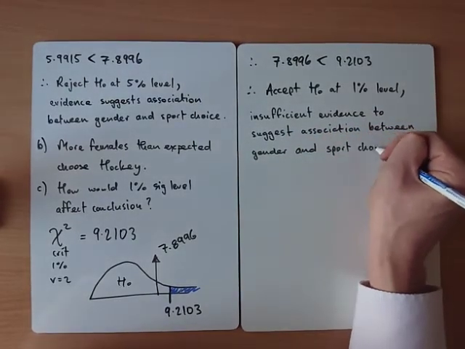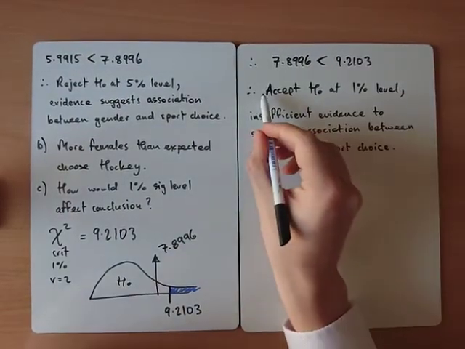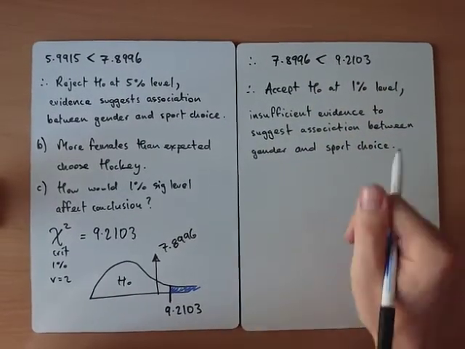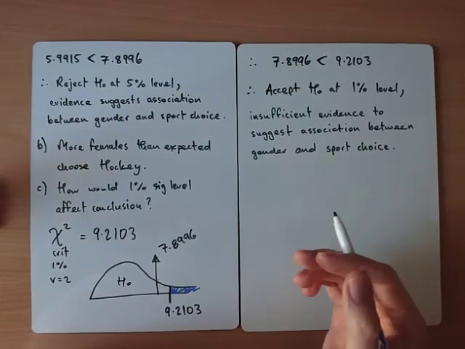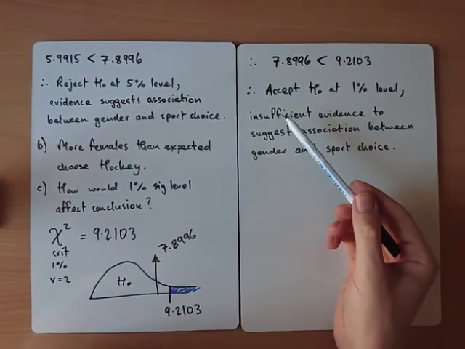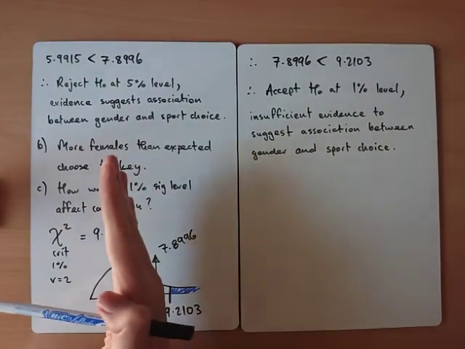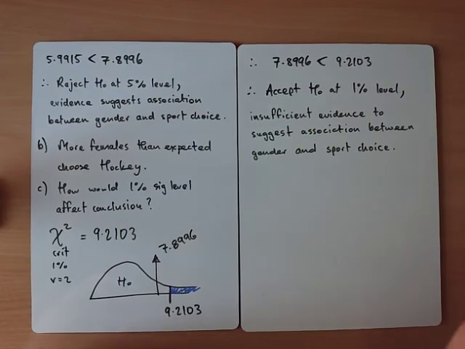And I think this is the best way to answer this scenario if this happens. Accept H naught, but don't just write no evidence, no association. Show a little bit more maturity in the way that you're interpreting what's going on. It looks to me like there is an association, but there's insufficient evidence to suggest it. That'd be a good way to answer that question.